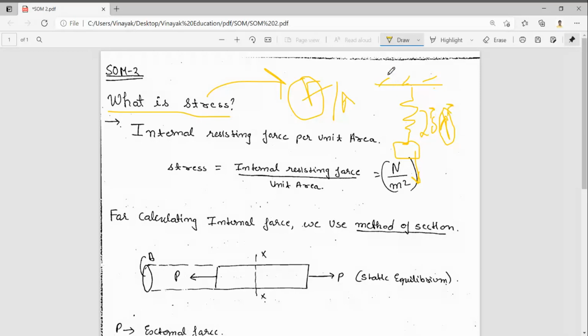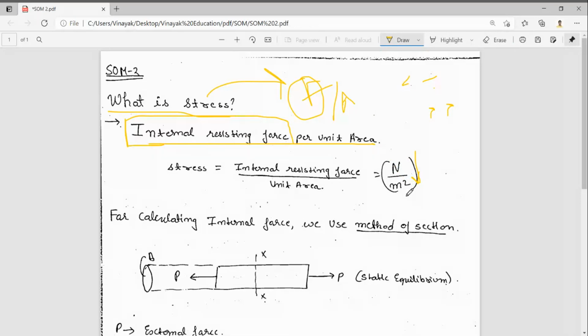So I think this example is very easy to understand, and you can remember it in this way. So, what is stress? This is internal resisting force per unit area. This word you should remember. Not just force. Internal resisting force is stress. Stress equals internal resisting force per unit area.